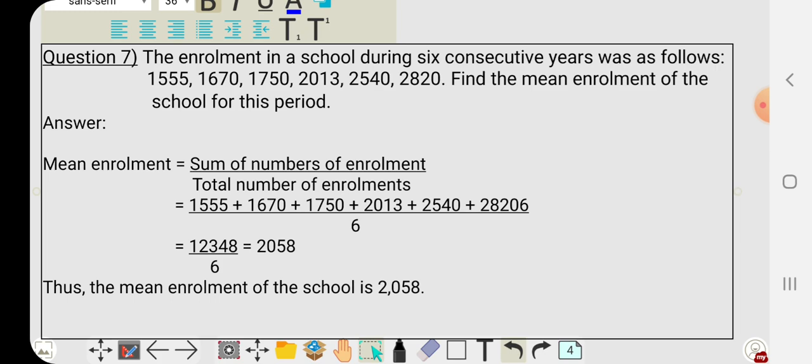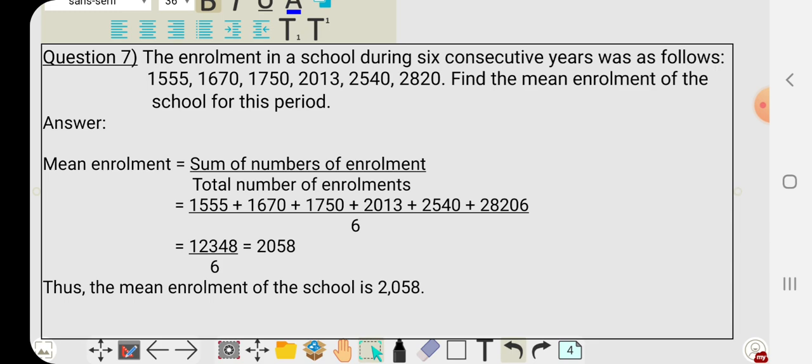We have to find the mean enrollment of the school for this period. To find the mean, at first we will find the sum of the number of enrollments and we will divide it by the total number of enrollments. The total is 6 because these are the enrollments during 6 consecutive years.